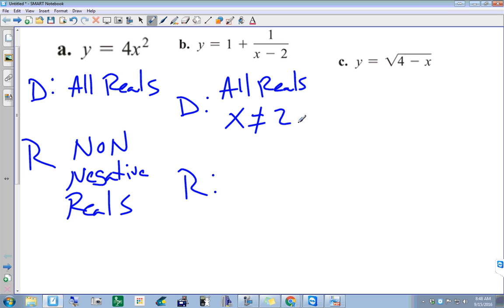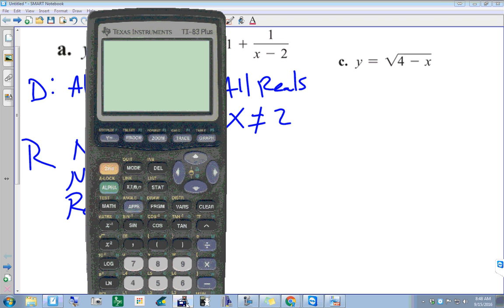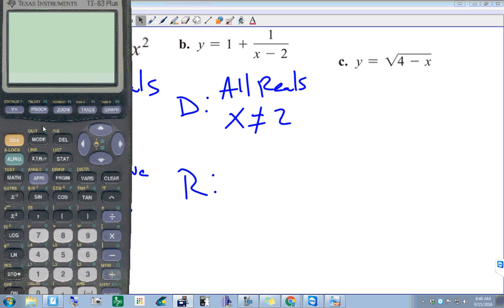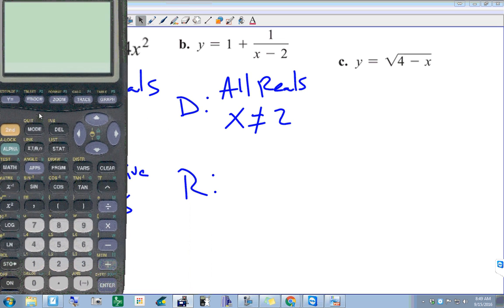Now, what about the range? What kind of numbers will this work for? Now, sometimes you're going to look at this and say, oh, well, gee, that 2 is kind of a problem in there. Okay? If we were to take the graphing calculator, and I were to put this particular one in, there we go.